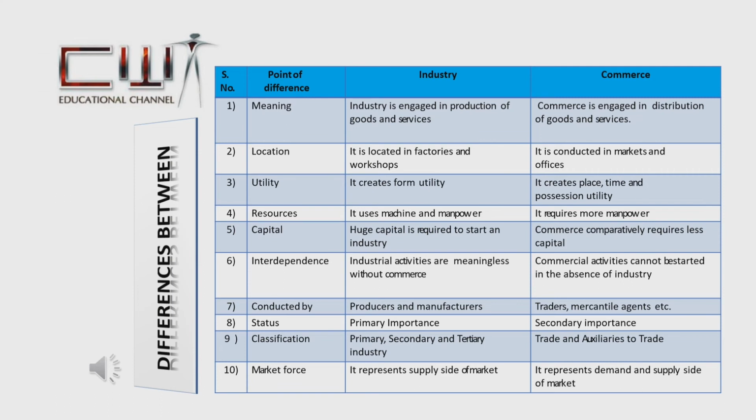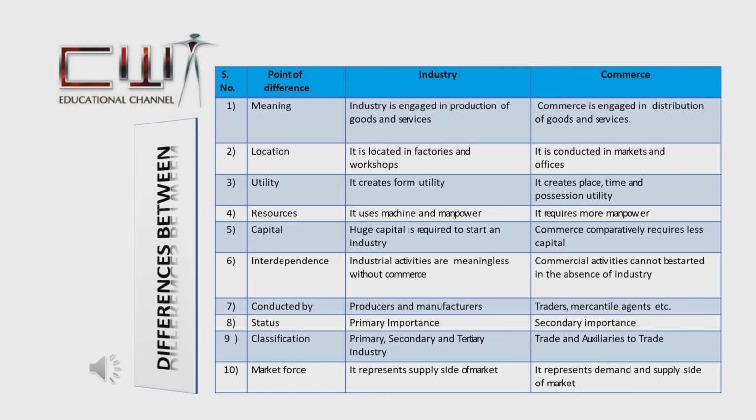Under industry, huge capital is required to start the industry. Under commerce, it requires comparatively very less capital. Industrial activities are meaningless without commerce. But commercial activities cannot be started in the absence of industry. Industry is of primary importance and commerce has secondary importance.